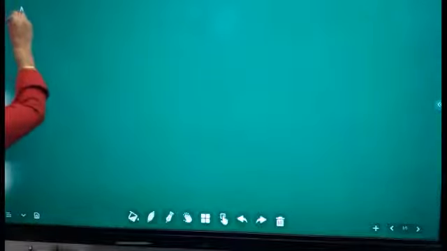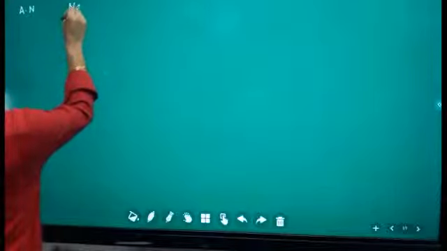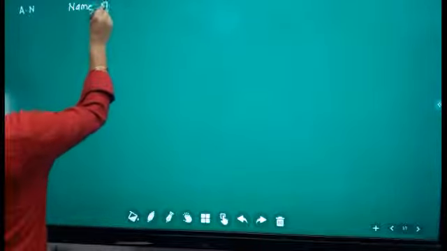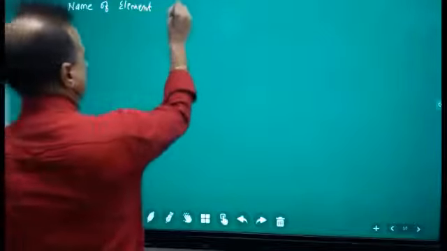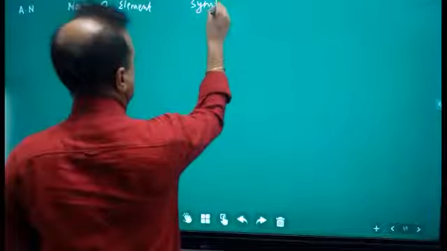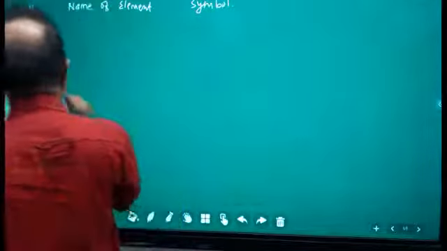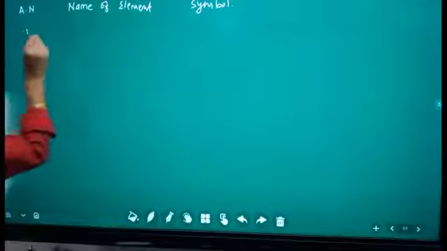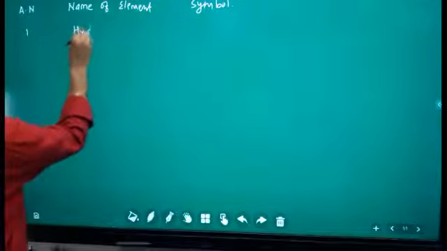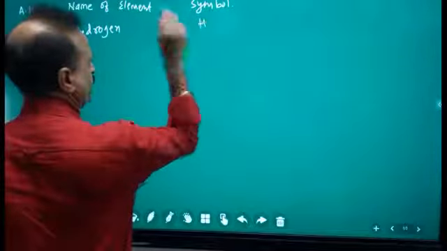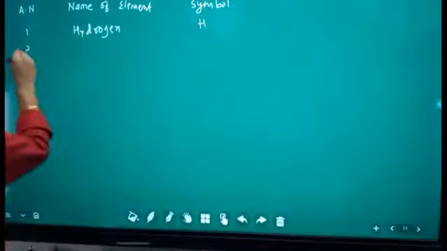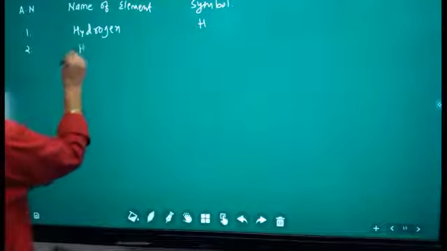So atomic number means AN, name of element, and symbol. First, we all know that atomic number 1 is hydrogen. Symbol of hydrogen is capital H. Second atomic number is helium.